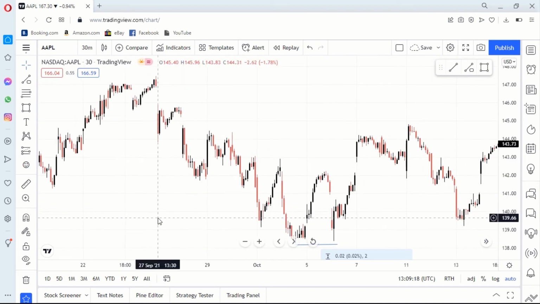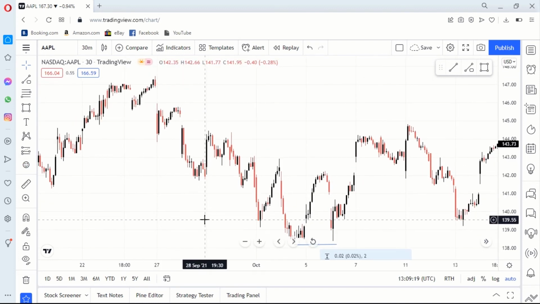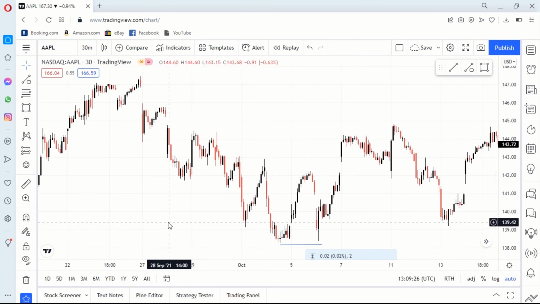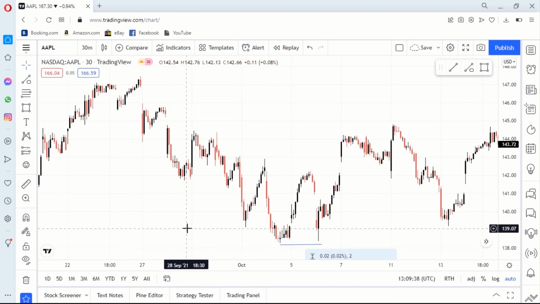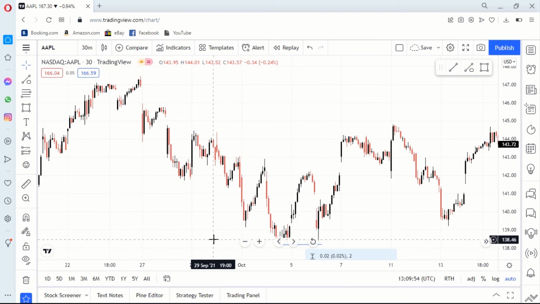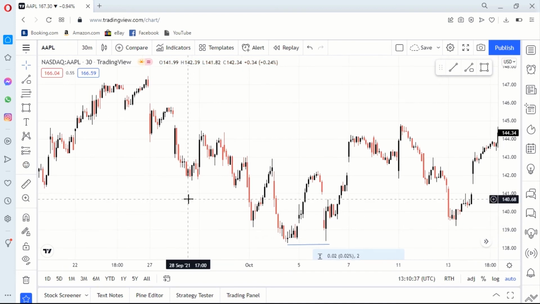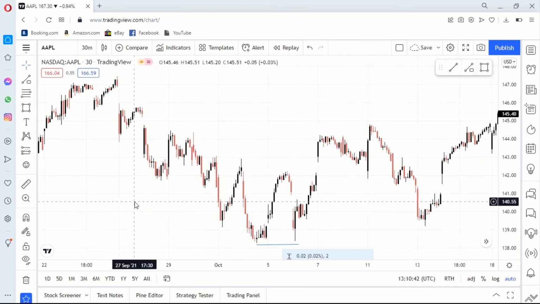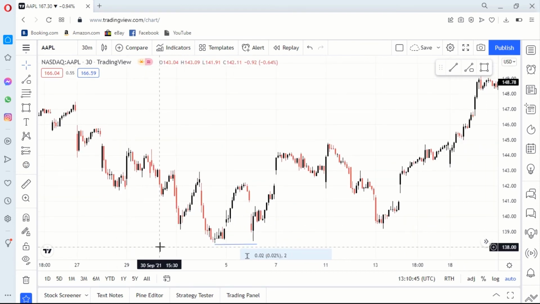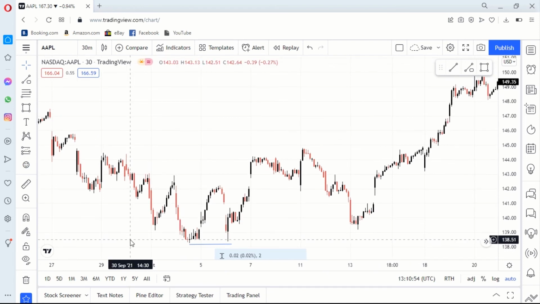And then the sell side liquidity is located at the discount zone, where we have equal bottoms, equal lows, and double bottoms, as well as old lows, bullish order block, and break in market structure at the buy side liquidity. So we are going to look at the last example of sell side liquidity, which is a bullish order block, always located at the discount zones, and it is the last bearish candle before the up move.